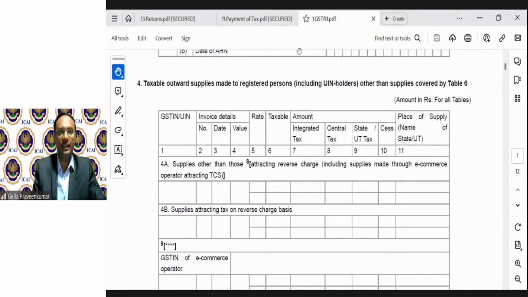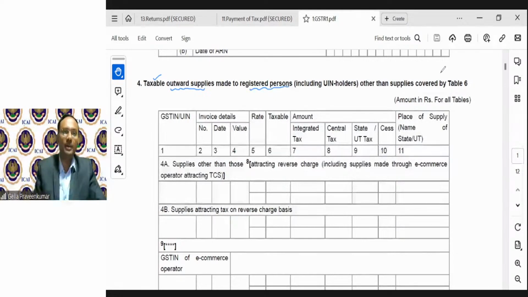Table number 4 talks about outward supply which is taxable, made to registered persons, including UIN, Unique Identity Number, for the United Nations, UNESCO, or UNO, etc., other than supplies covered under table number 6.